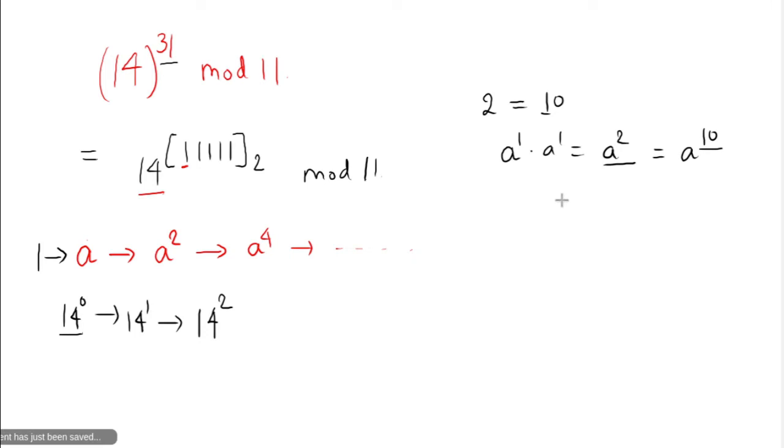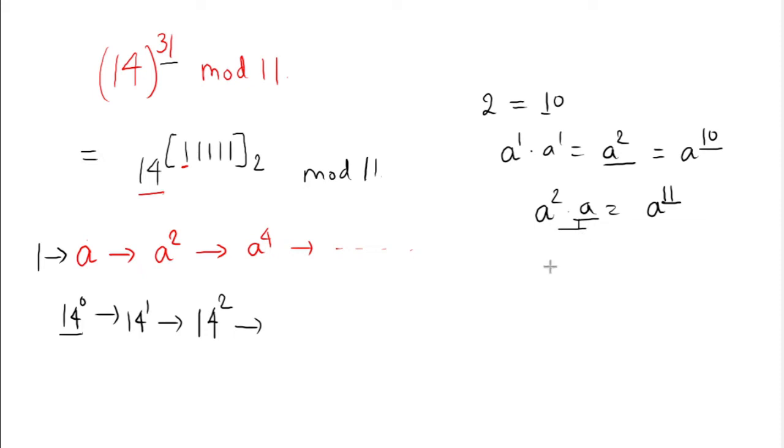And for 3, what we need to do is a raised to 2 times a. So in binary it can be represented as 11. Hence, whenever an odd number is encountered, 1 is added, that is, the base is multiplied in.